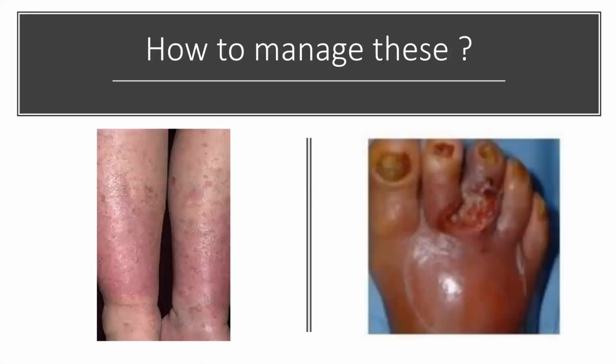So let's look at these two. How would you manage these? For anybody who listened to the lecture last month, what about the left side? Stasis dermatitis. Beautiful. All right, go to the head of the class. So we talked a lot about stasis dermatitis. Cellulitis does not present with one side leg.